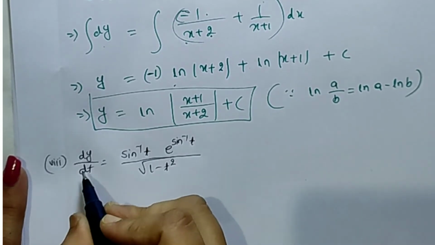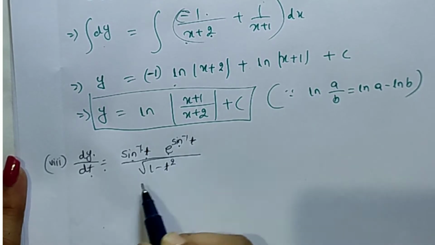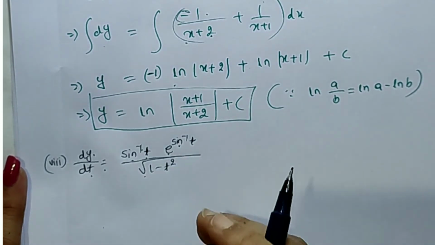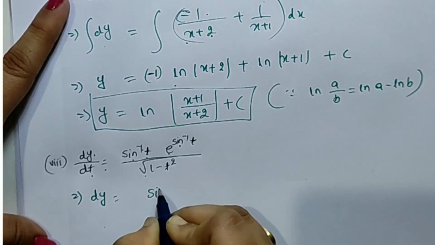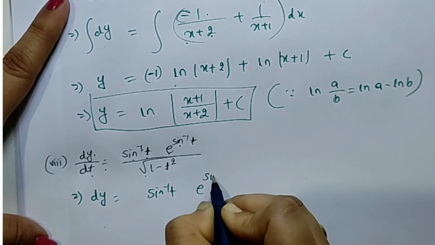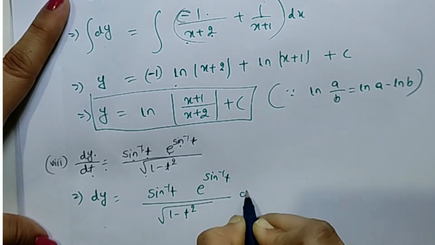Now our question is dy by dt is equal to sin inverse t e power sin inverse t by square root of 1 minus t square. So which implies dy is equal to sin inverse t e power sin inverse t by square root of 1 minus t square into dt.